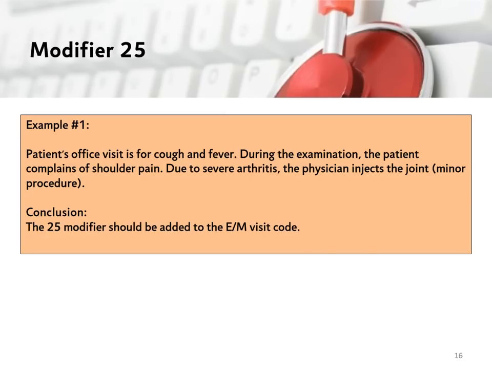The patient's office visit is for fever and cough. During the examination, the patient complains of shoulder pain due to severe arthritis, and the physician injects the patient in the joint. The 25 modifier could be added to the E&M visit because there are two procedures that are separately identifiable.